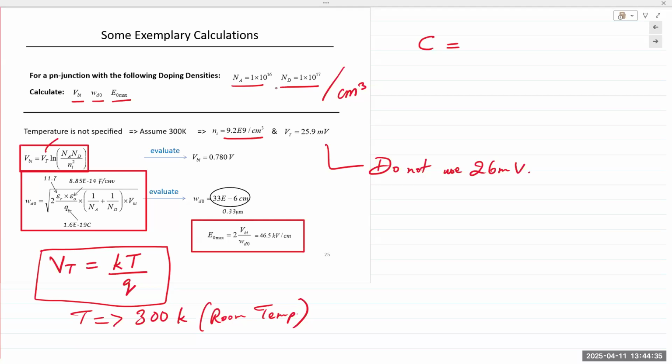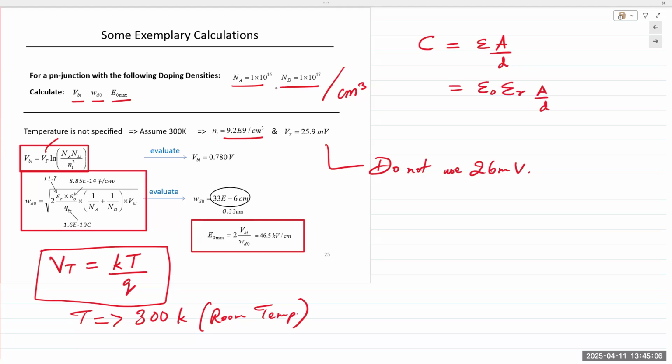Anyone remember the equation for capacitance? Epsilon A over D. Okay, the epsilon is epsilon 0 times epsilon R, A over D. A is the cross-sectional area of the two plates of the capacitor. D is the distance between the two plates. Okay, and epsilon 0 and epsilon R refer to permittivity.